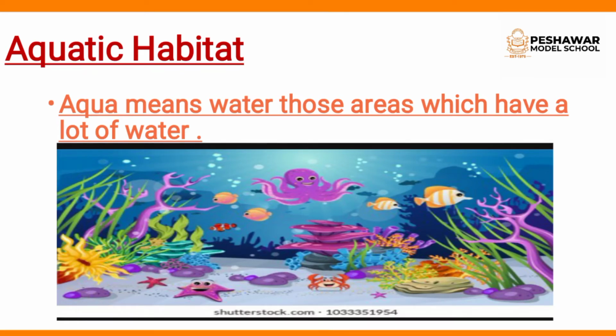Many sea animals live in aquatic habitat like whale, sea turtle, fish, shark, octopus, jellyfish and dolphin. Some animals live in ocean, sea, river, lake. So, the animals which live in water are aquatic animals: fish, swan, frog, turtle, dolphin, etc.